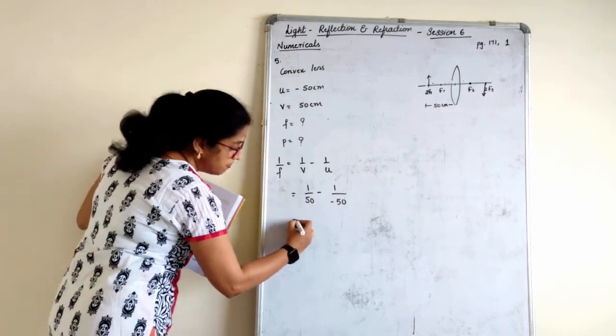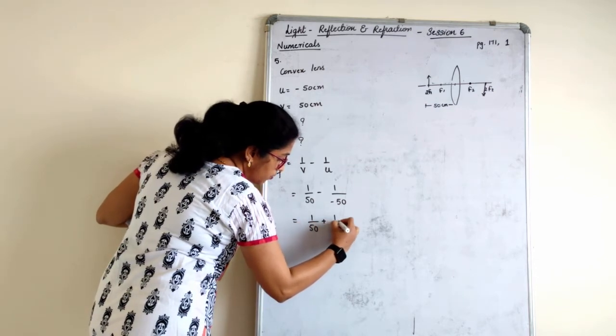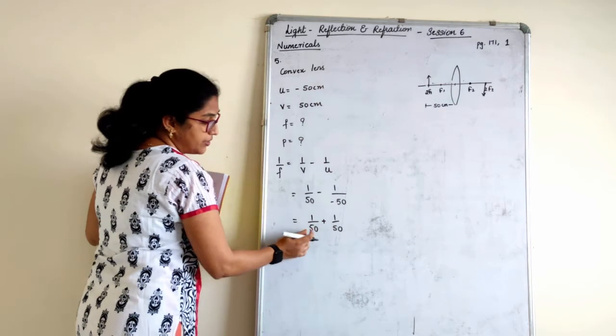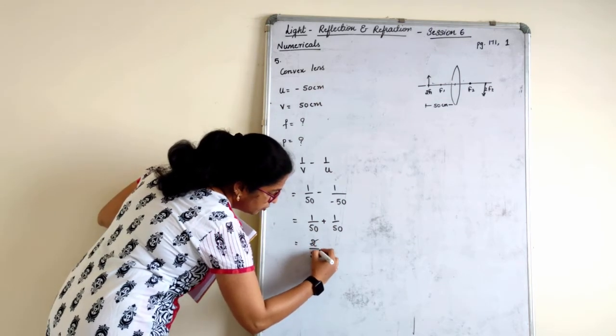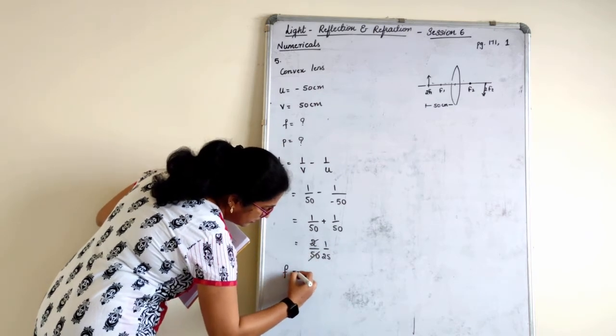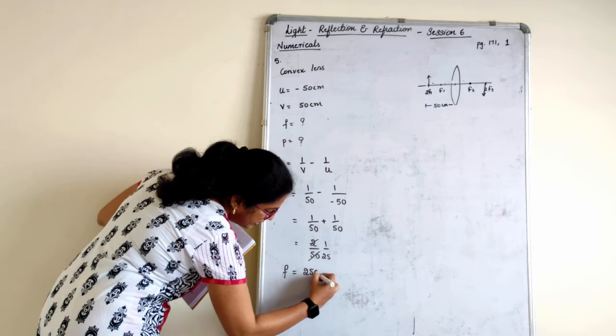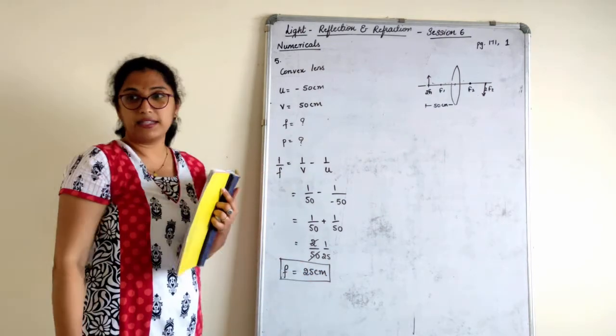Minus minus is plus. 1 by 50 plus 1 by 50 is 2 by 50. So focal length is equal to 25 centimeter. Got it? We got the same answer here.